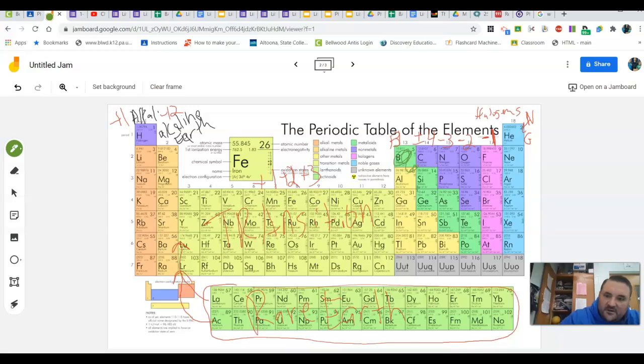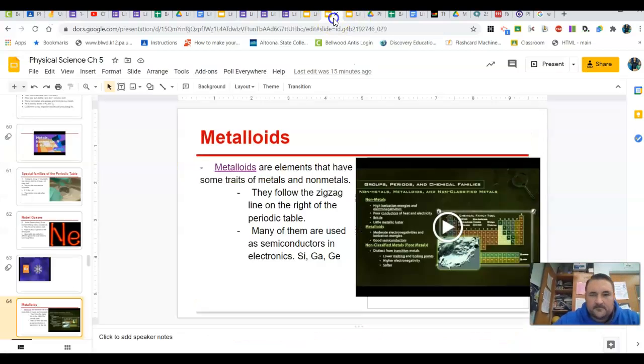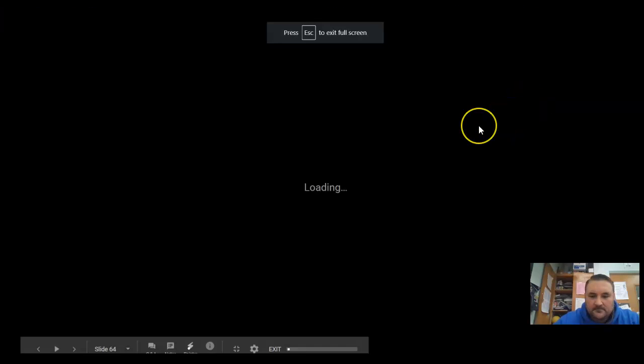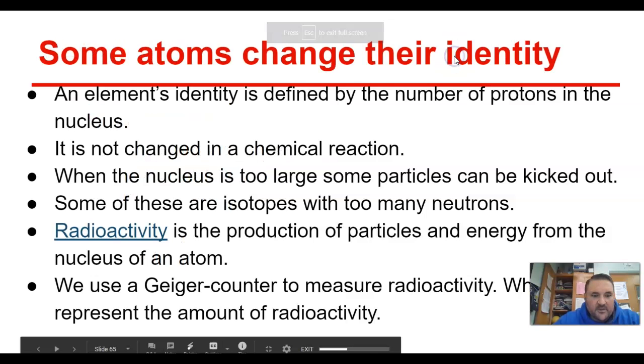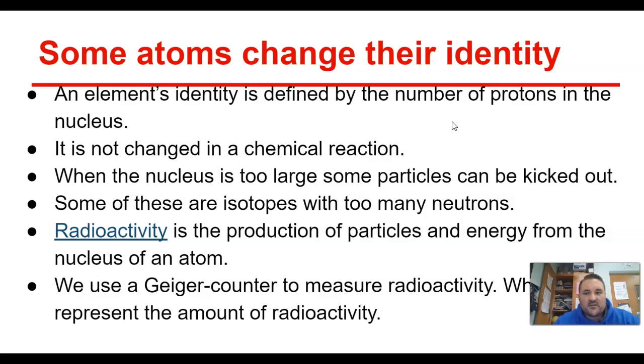Those metalloids follow the zigzaggy line here. Very, very important because they don't conduct electricity perfectly and it slows things down to make different types of circuits.